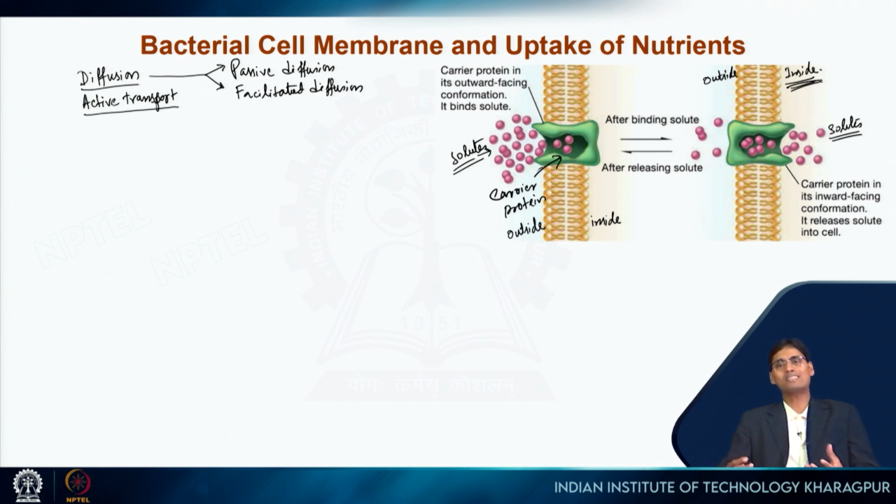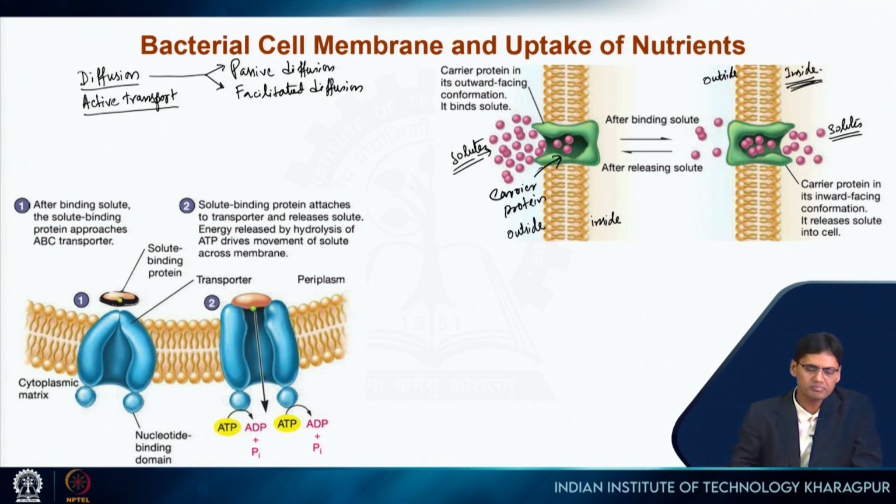If the nutrient amount is low outside, then it needs to spend some energy to take up those nutrients from outside to inside. So here I am going to discuss that part also, that is active transport, right? Where we need to spend some energy.